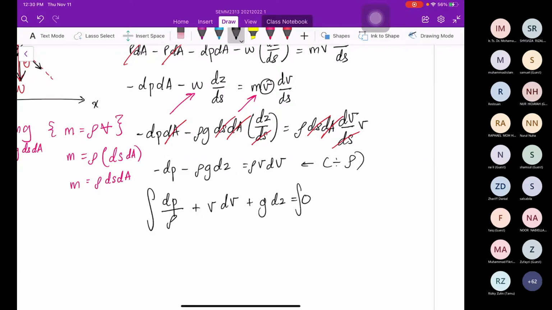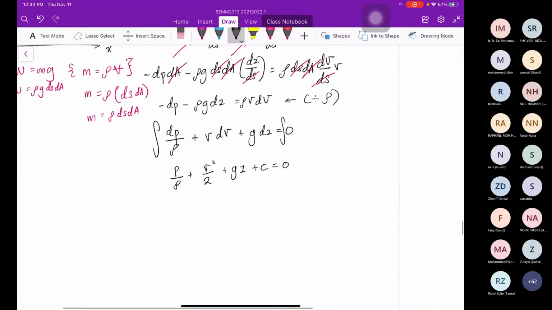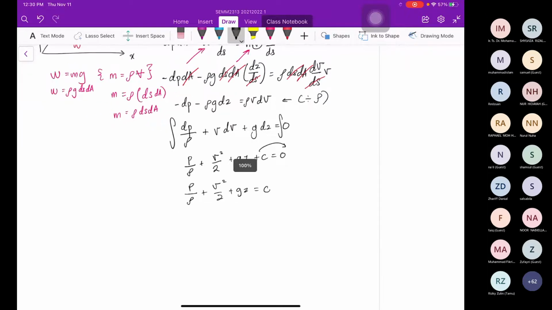So I integrate this one, it becomes P/ρ plus V²/2 plus gz, plus constant equal to 0. This constant moves to the other side: P/ρ plus V²/2 plus gz equal to constant.